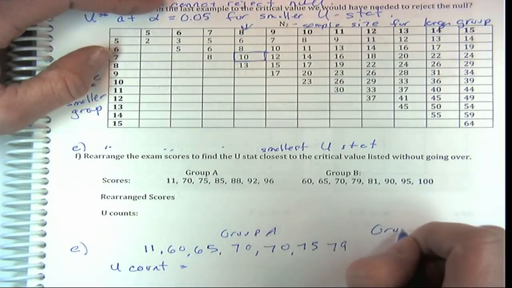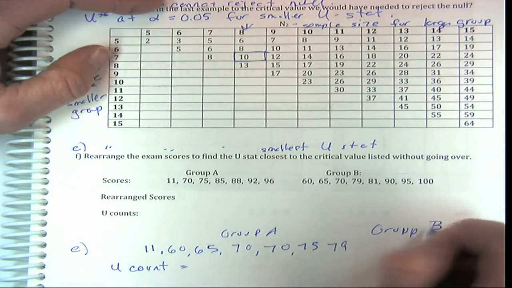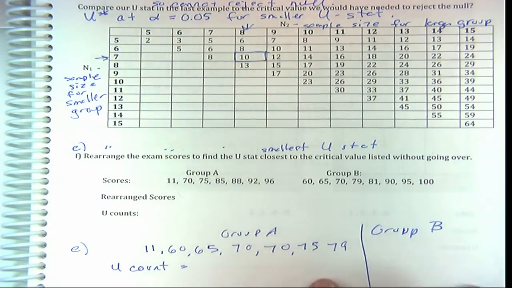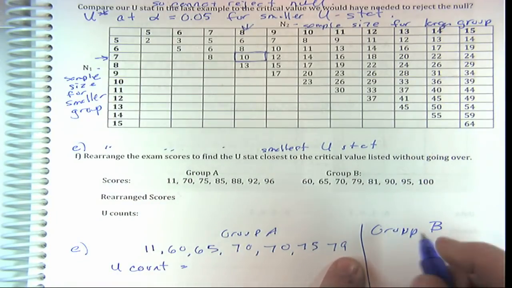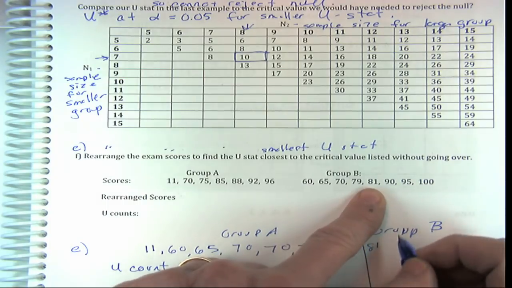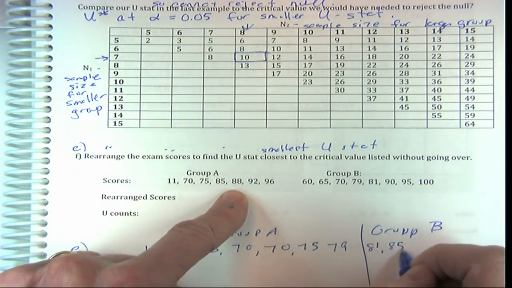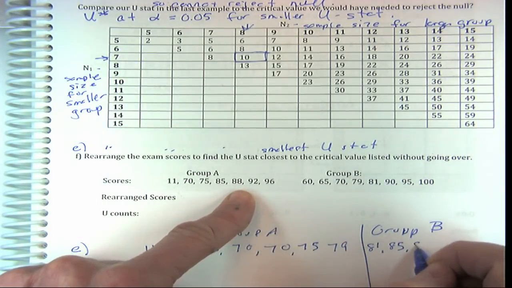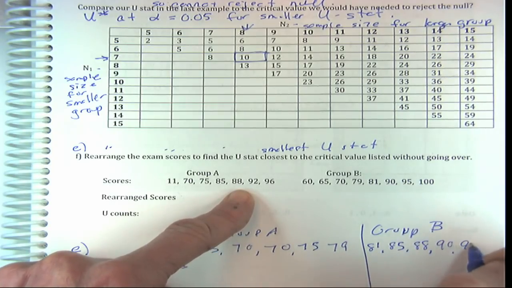And then group B would have to be the other ones. So you'd have to say 79. What comes after 79? 81, then 85, then 88, then 90, 92.